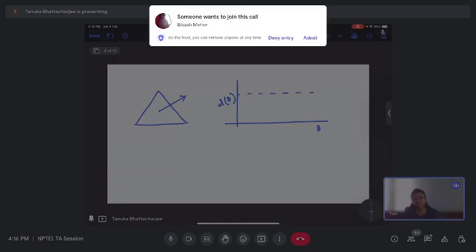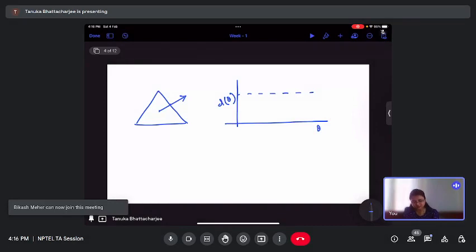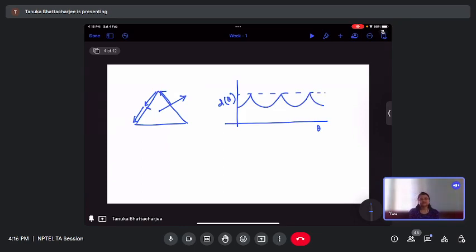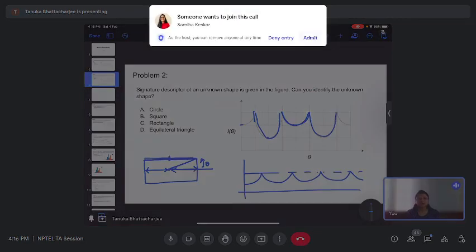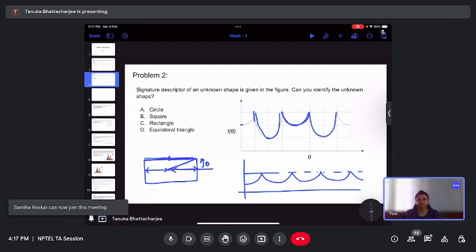Initially there is a certain distance at 0 degree, then the distance starts increasing till this point, again it decreases, comes to the initial level here and again increases. So, it will decrease, increase, then decrease, and something like this you will get. There are mostly 3 complete arcs in the case of an equilateral triangle, whereas in the case of a square it was 4 arcs and all are symmetric. For a rectangle those are not symmetric.